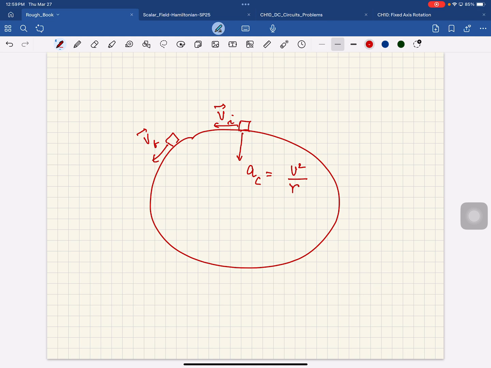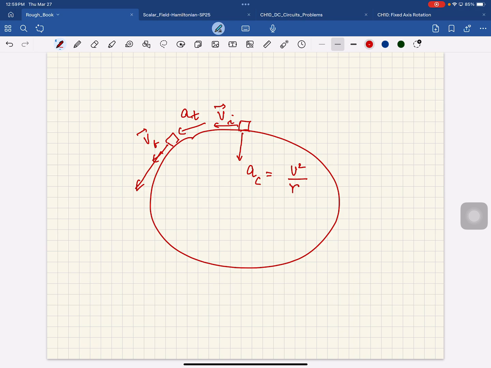Let's say now you drive faster. Your speed changes. Is that possible? Of course. You can go on a circular road and your speed can increase. When your speed is also increasing, now you have tangential acceleration. Why did we call it tangential acceleration?